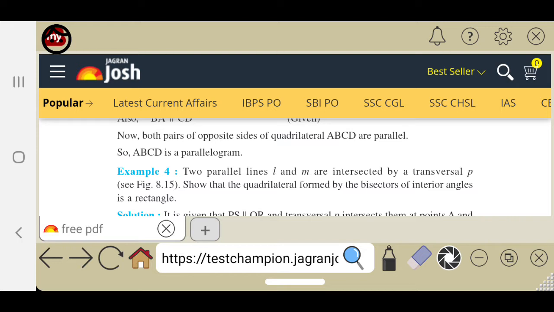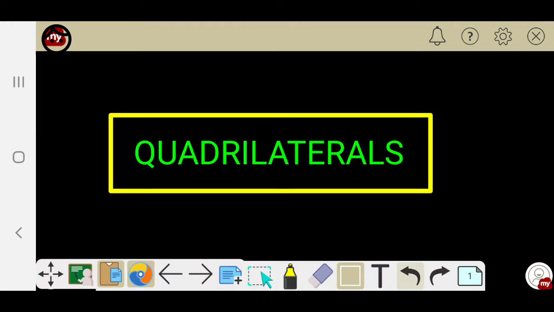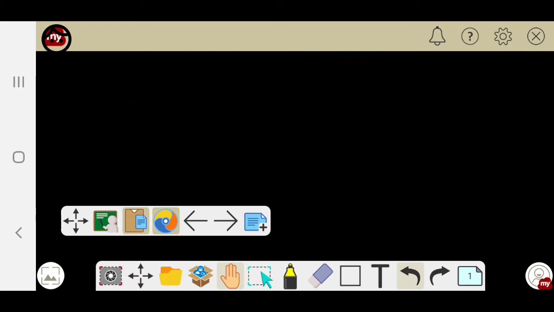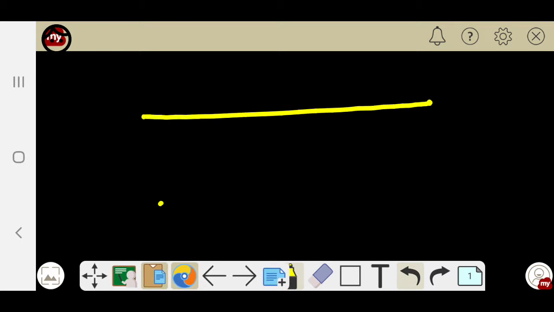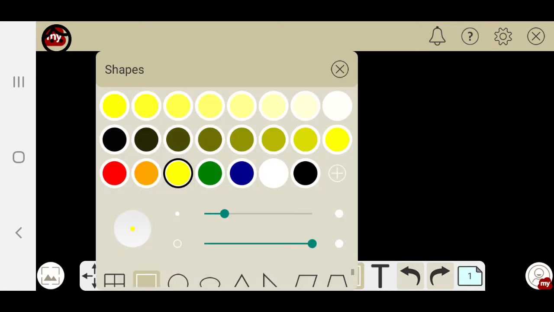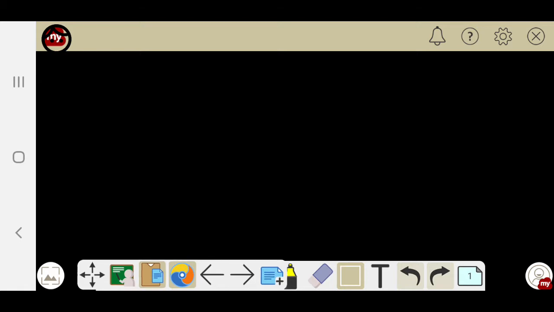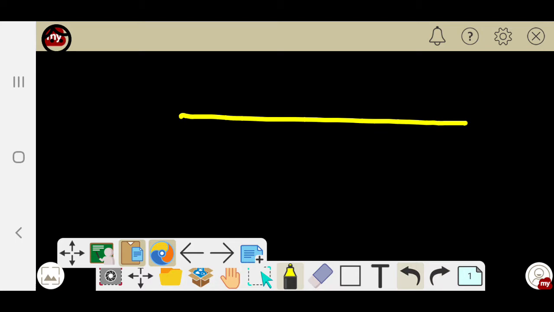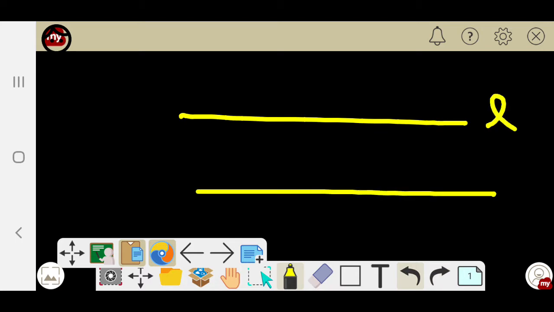First we have to consider two parallel lines L and M and a transversal P. If two parallel lines are intersected by a transversal, there are four interior angles. Then we have to consider the bisectors of interior angles.